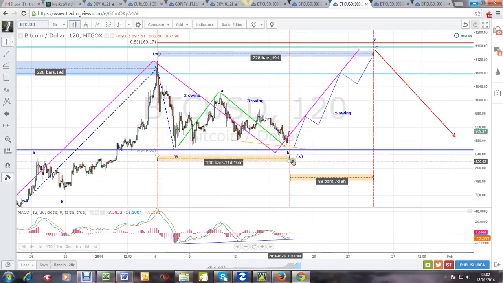Now, if this symmetry plays out, then 140 times 38.2% retracement will give you this.